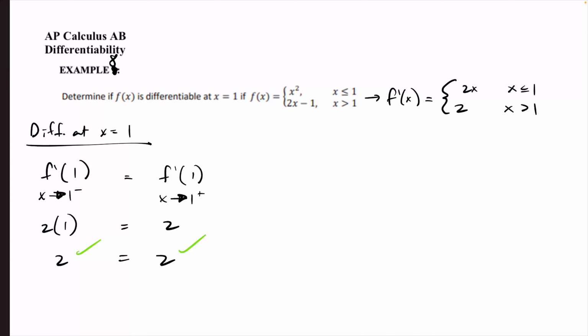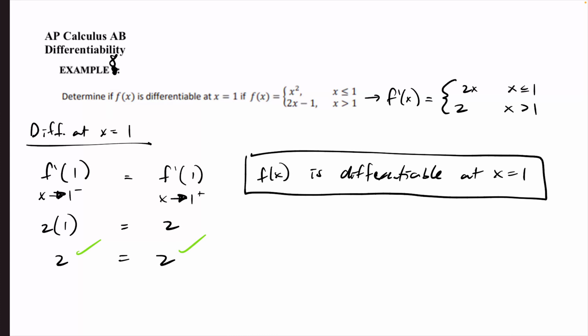We're all good. Okay? So we always want to answer the question. f of x is differentiable at x equals 1. And because it's differentiable, that means it has to be continuous.